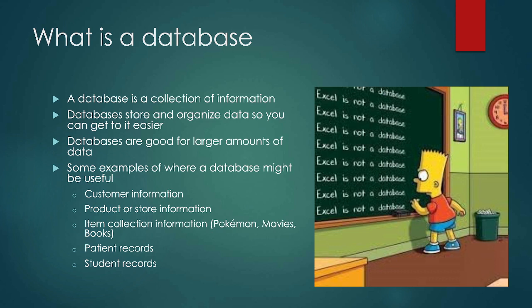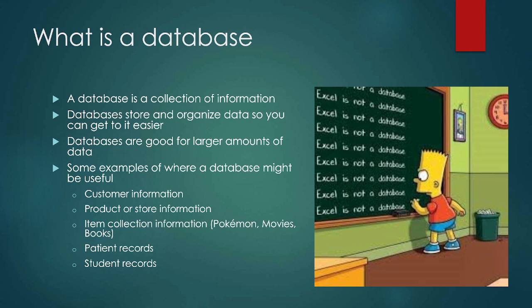A database is a collection of information. A database is really useful because it allows us to store and organize data so that we can get to it easier. Databases are really good for larger amounts of data.